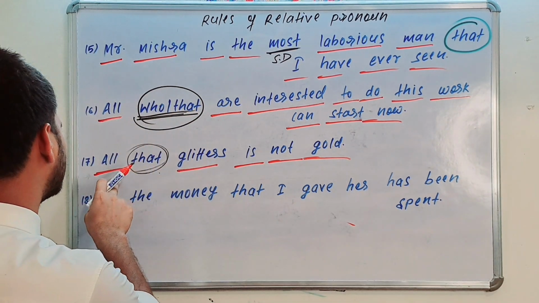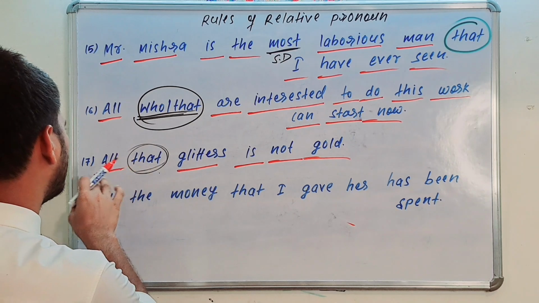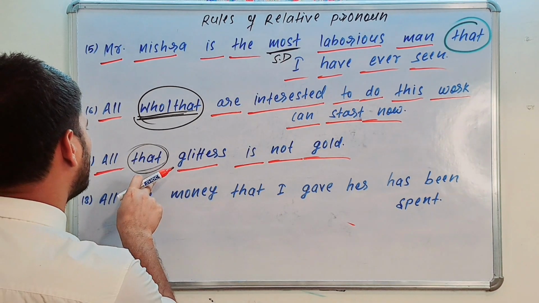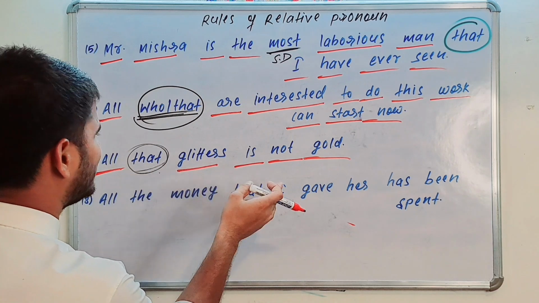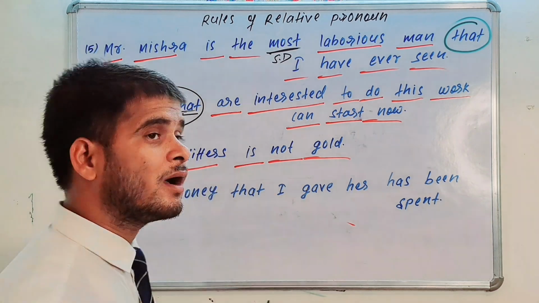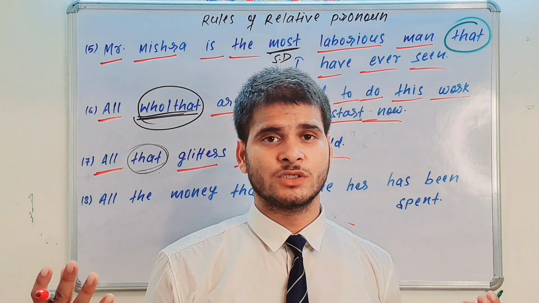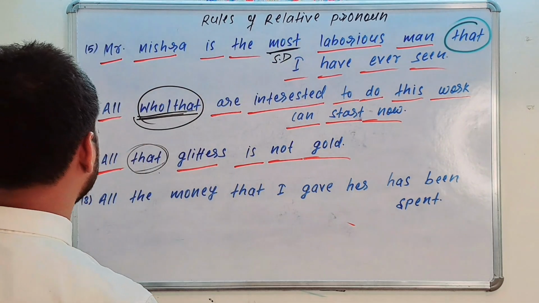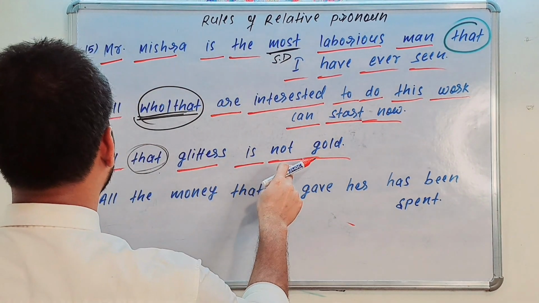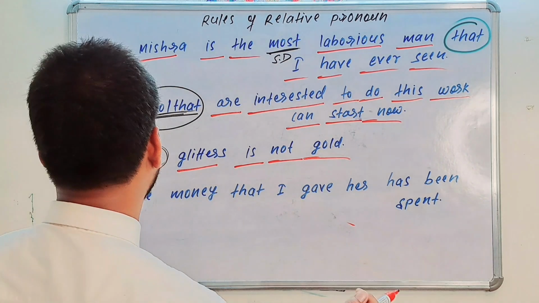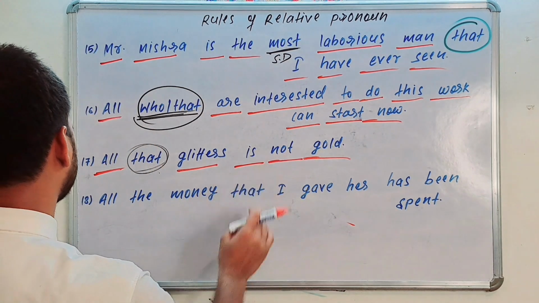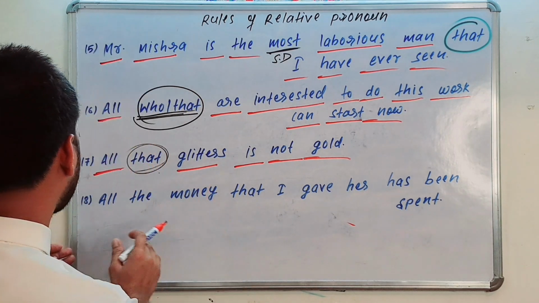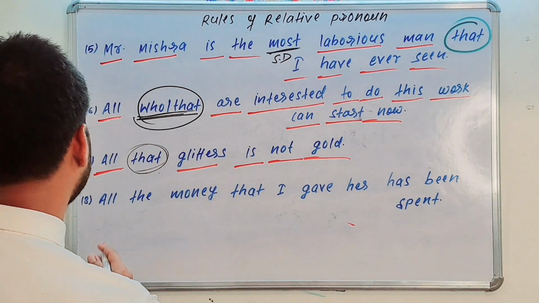But here in the sixth rule, if the word all is used for something, then only you can use the relative pronoun that. All that glitters is not gold. This is also, I think, very interesting. This is a fact. And now understand the next rule, that is the seventh rule, from the eighth example.